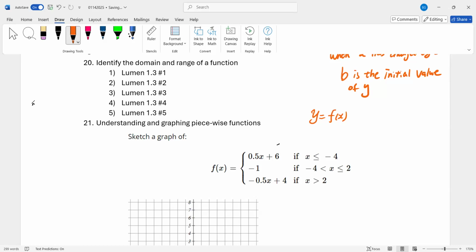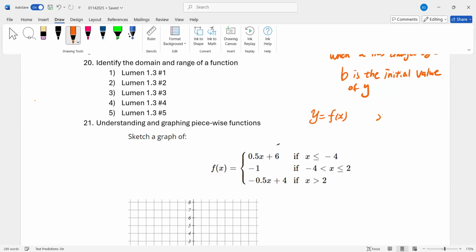There are multiple ways to represent a function. One important way to represent a function is an equation. And the equation connects two variables, variable x and variable y. So we write variable y on the left side of the equation by itself, and the right side should be an expression in terms of x.